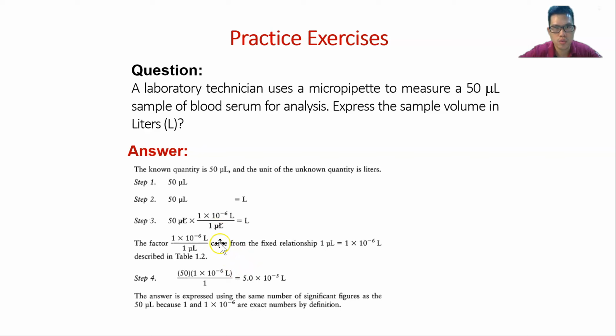So we change to liter, and it turns out to be 5 times 10 to the power of negative 5. So you divide, you go behind, so it will be 0.00005 liter. You can express it like that, but it is easier to see as 5 times 10 to the negative 5 liter.